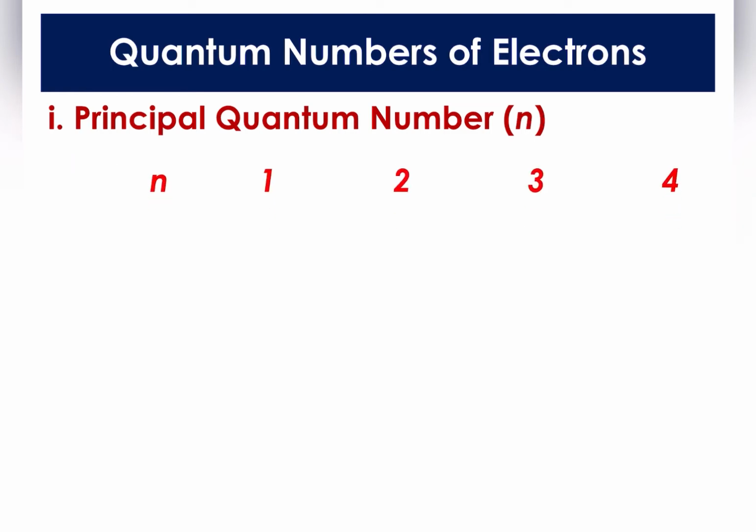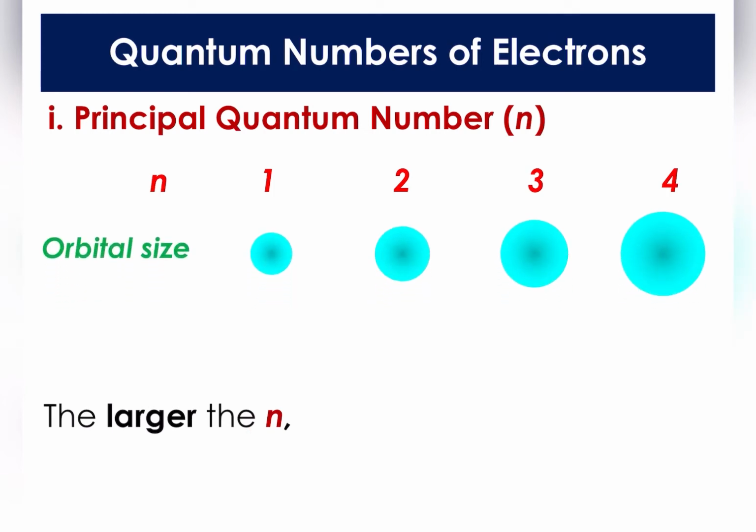And the next one, for example, I have here n, my value is 1, 2, 3, 4 and it keeps increasing. How I want to show it, I want to show the difference in terms of size. So the larger the n value, the bigger the orbital size, as you can see here. For example, I draw the orbital size for n equals to 1 is the smallest size, but when n equals to 4, the orbital size is the largest.